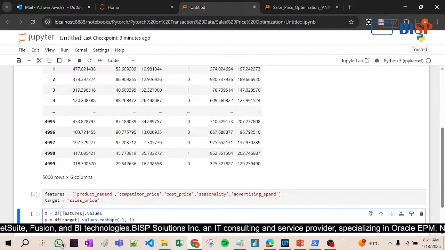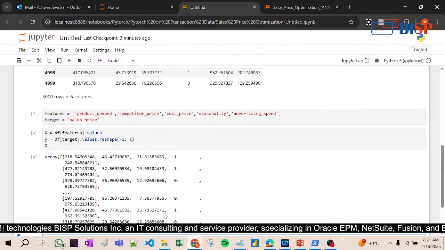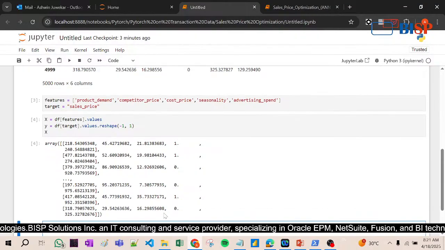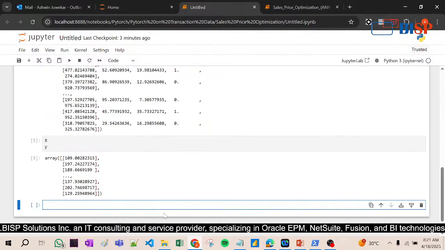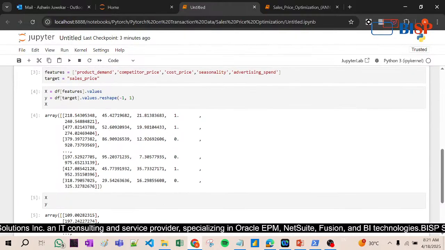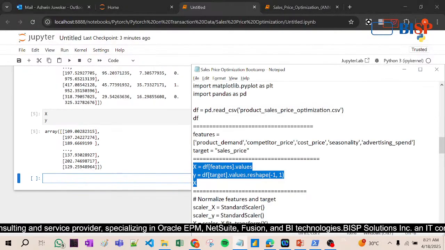X variable means independent variables, Y variable means dependent variables, right? So here we have to do X, here it is Y. If I put here Y, this is the Y and this is the X. It converts the data. No, it is not converting right now. Whatever we are having, it is showing you as it is, right?